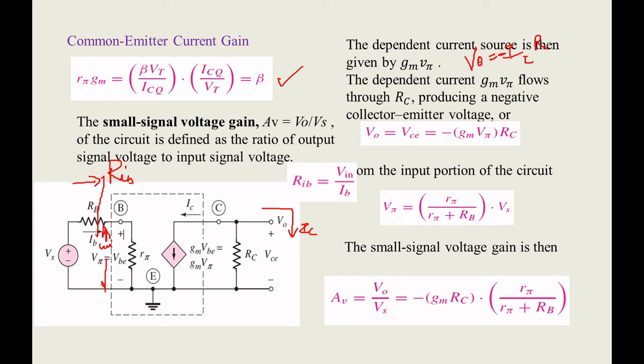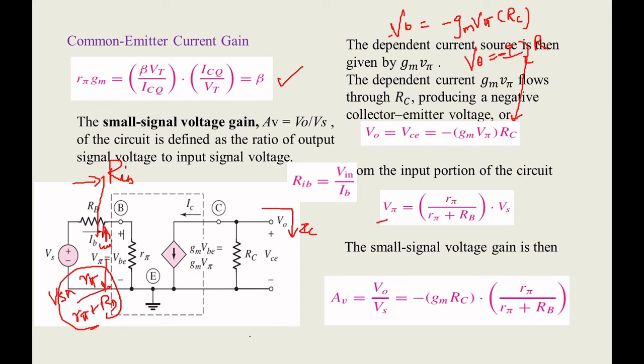So what is IC actually, you have calculated, that is gm times V pi. If you write the final equation for V0, that is minus gm V pi into your RC. With that this equation is coming. Then what is V pi? To calculate V pi, you apply the voltage divider rule, the source voltage times the corresponding resistance divided by the sum of your total resistance, R pi plus RB, so that gives your V pi.